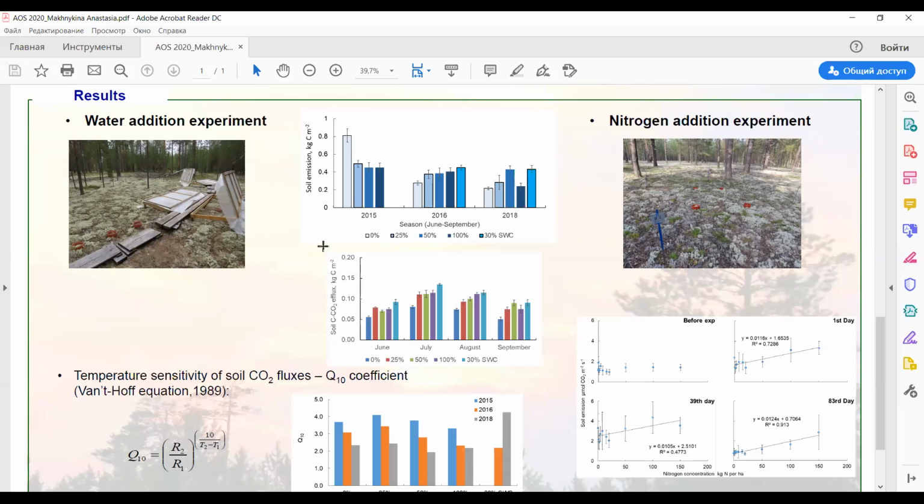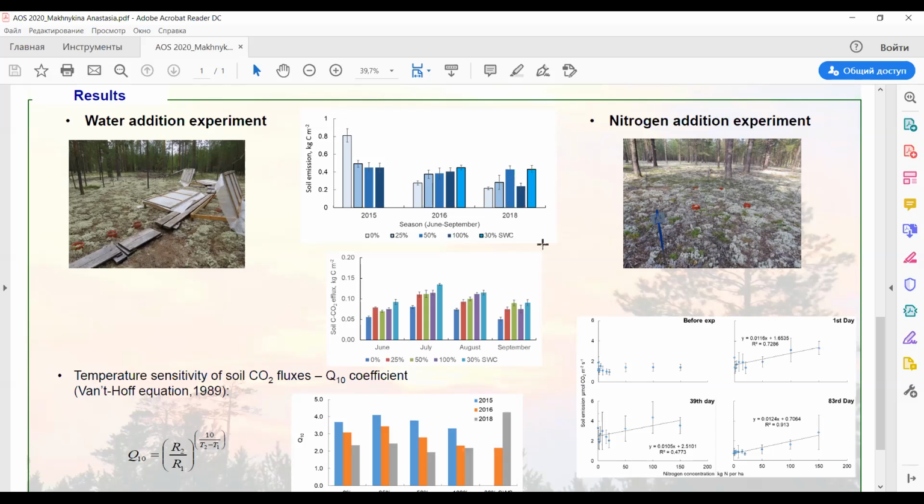Because the season was really over-precipitated, and during the season the soil moisture in this site was around 20-25%, even without any water addition. That was interesting, but we didn't expect it.